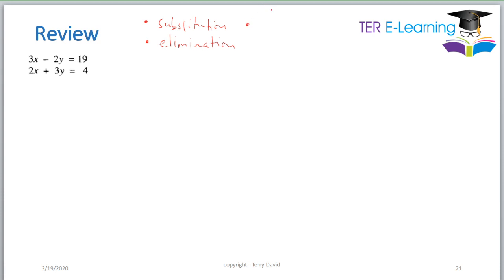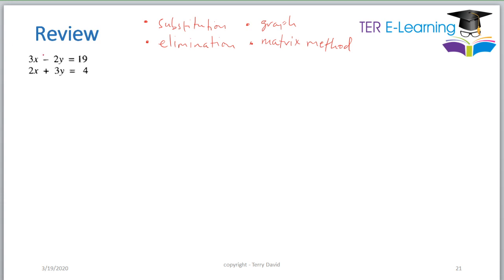We can use a graph. So we can draw a graph and we can solve a simultaneous equation, right? You can also use what we call the matrix method, right, which we covered in class. So there are different ways to solve a simultaneous equation, right? Typically, if it comes as a question 2, chances are you're going to have to use substitution or elimination, right? And if they don't specify, then it's totally up to you, right?